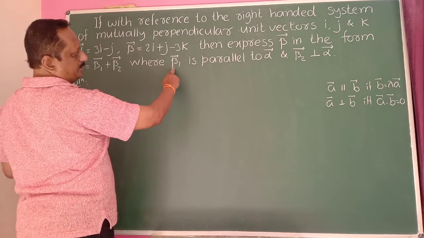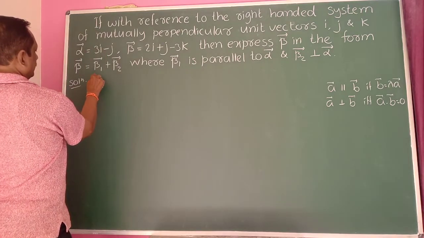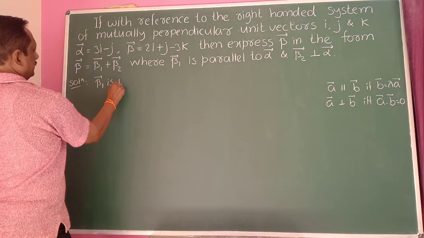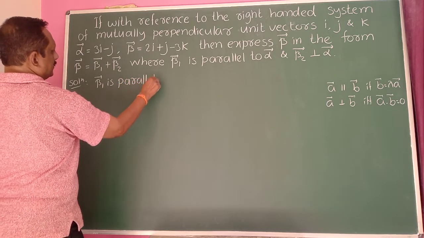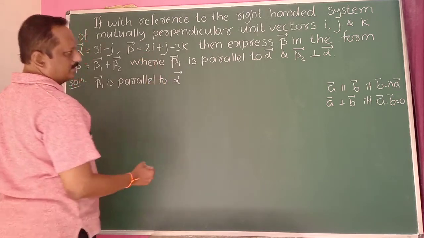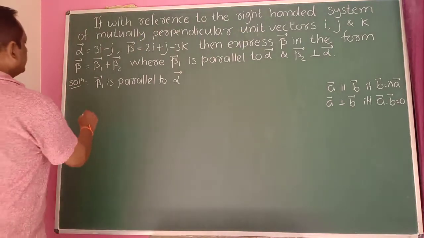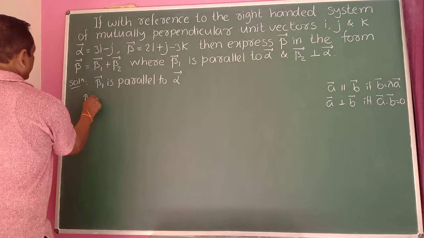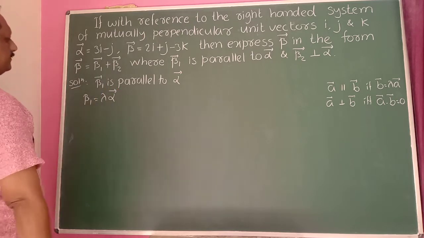Beta 1 is parallel to the vector alpha bar. So use this condition. Therefore, beta 1 is equal to lambda into the vector alpha bar.